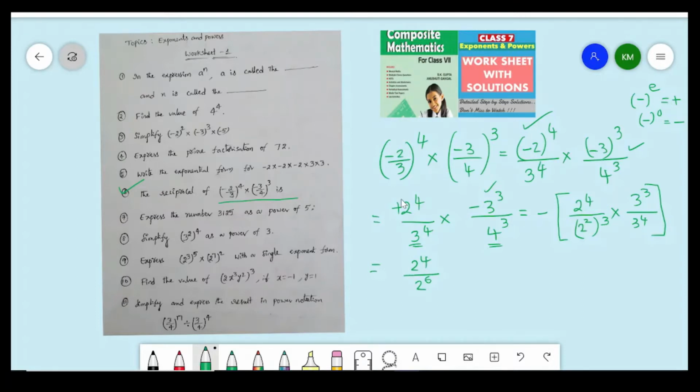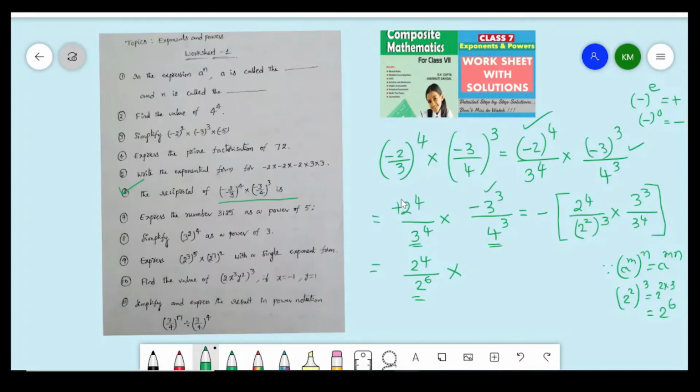Why? Because the formula used here is a power m whole power n is equal to a power mn. That means here 2 square whole power 3 is nothing but 2 power 2 into 3, that is equal to 2 power 6. That is what I got here.